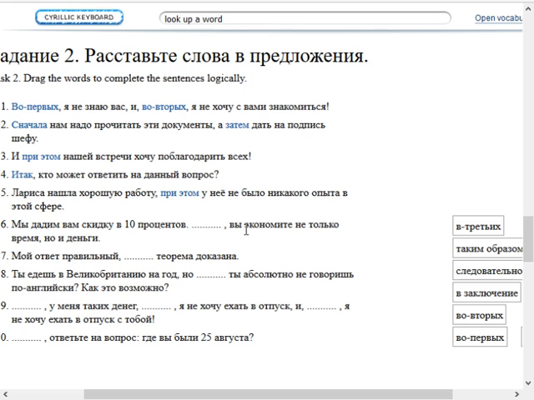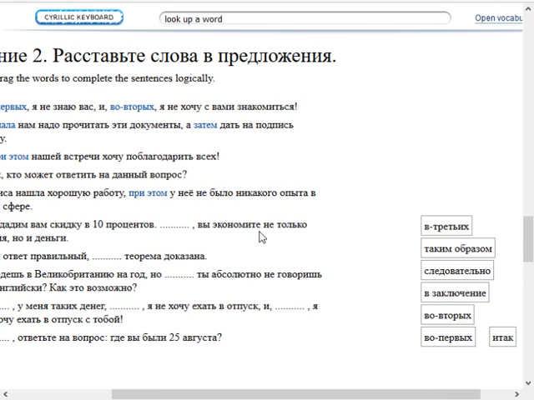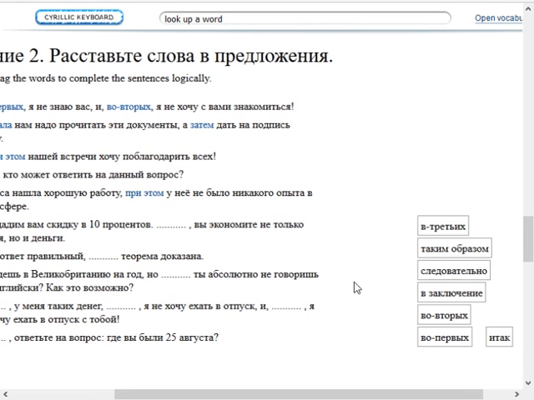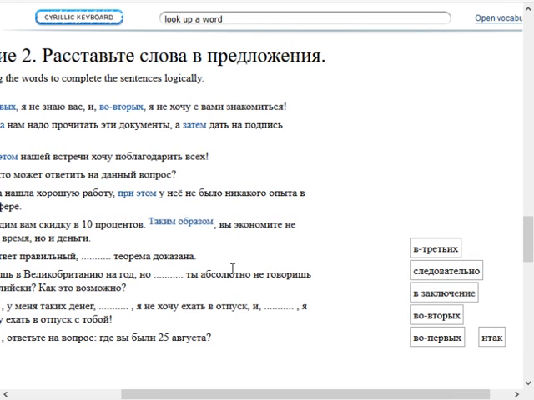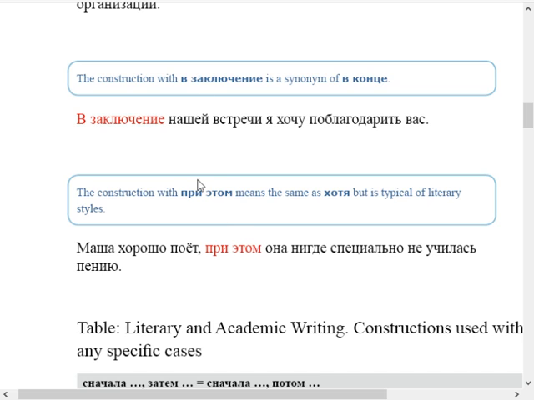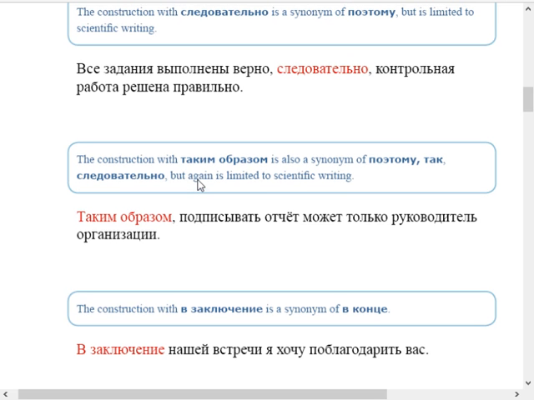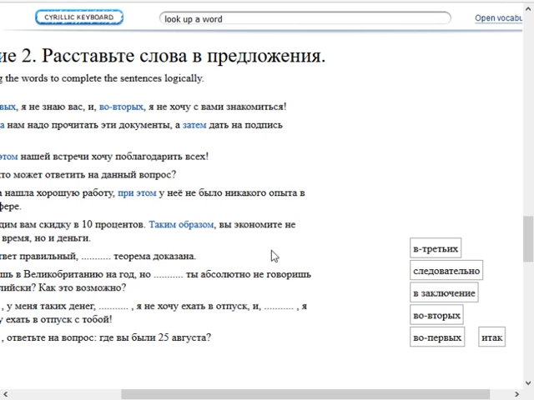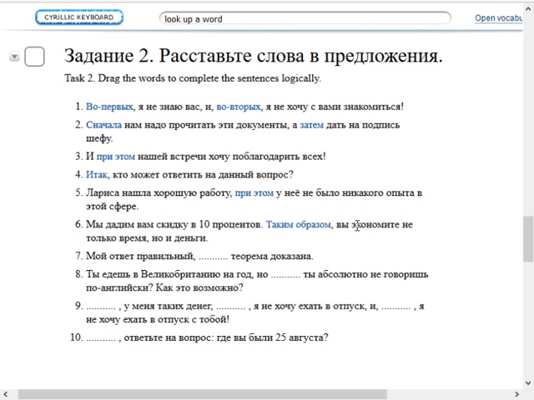So we're looking for a phrase that means as a consequence of that. Следовательно means as a consequence of that, but it appears they're looking for the phrase таким образом, which was a synonym, wasn't it? Yeah, таким образом is also a synonym of therefore, it follows that. Basically, you can say in English, as a consequence, you save not only time, but also money.